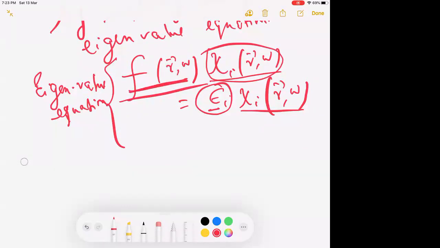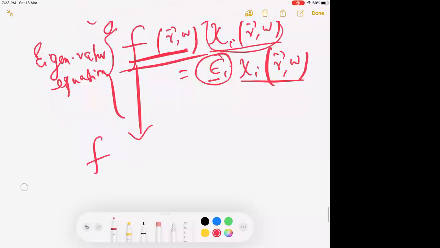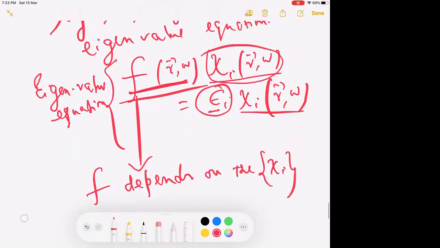The problem will be in this definition of the Fock operator, because of the Coulomb, exchange and correlation parts, this will itself depend on these spin orbitals chi-i's. So you don't have an a priori form of the Fock operator unless I know these chi-i's.